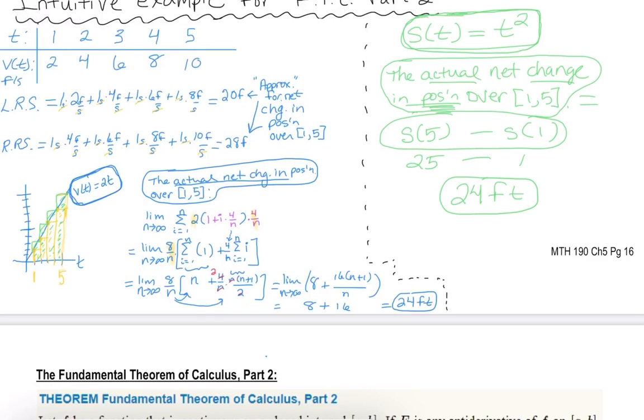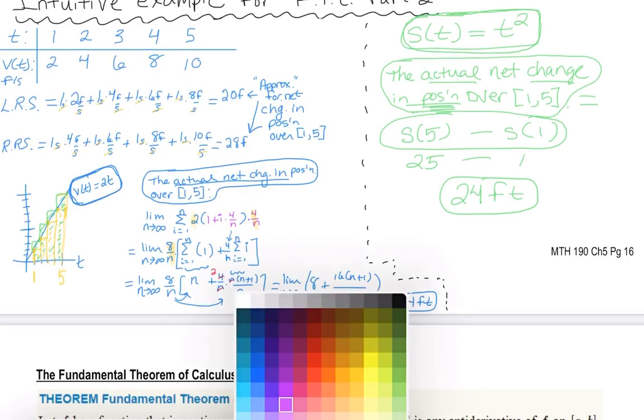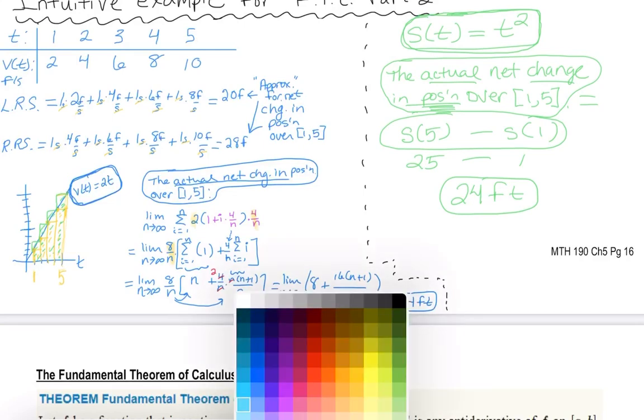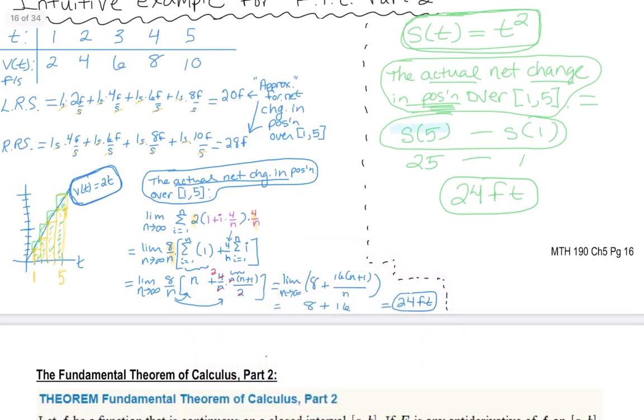All right, let me highlight what two things I am talking about that are equal here. Let's highlight with this color. Okay, so what two things are equal? We're talking about being able to evaluate s of 5 minus s of 1. And if we go back here, when I wrote out this limit of the Riemann sum, guess what?